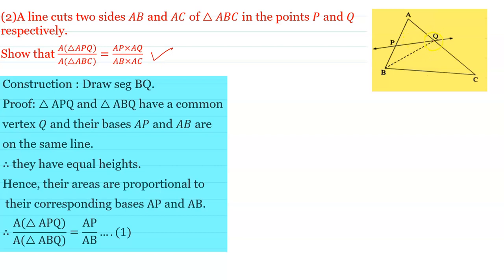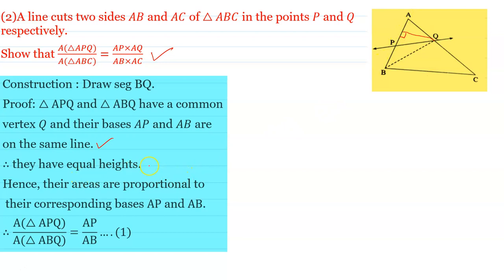These two triangles have the common vertex Q, and hence they have equal heights. If we draw the perpendicular from the point Q on AB, they have equal heights. Triangle APQ and triangle ABQ have a common vertex Q, and their bases AP and AB are on the same line. त्यांचे bases AP आणि AB एकाच line वरती आहे.